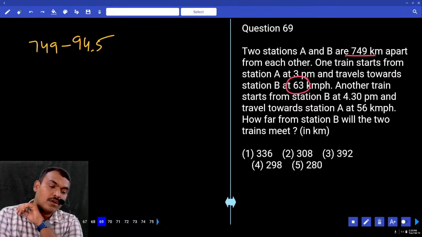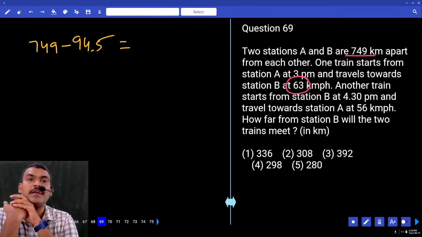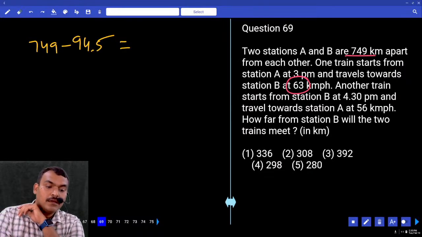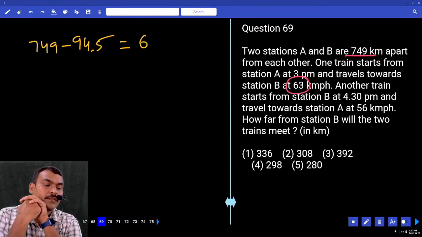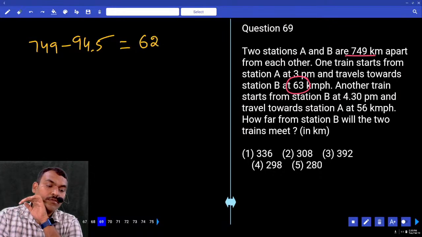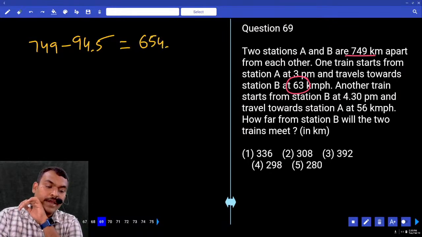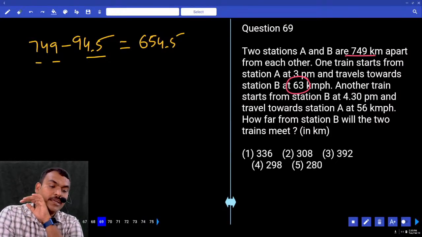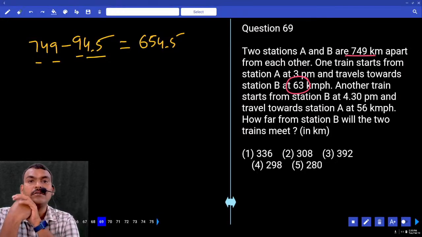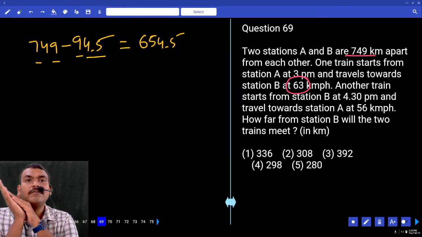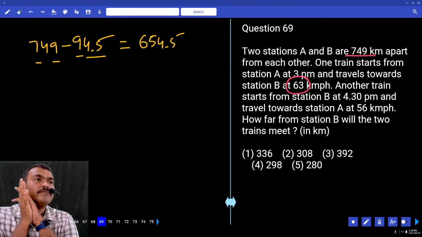First train. What is the difference between 749 and 94.5? 654.5. 9 minus 4.5, 4.5. 74 minus 9, 65. 654.5, it is the distance.